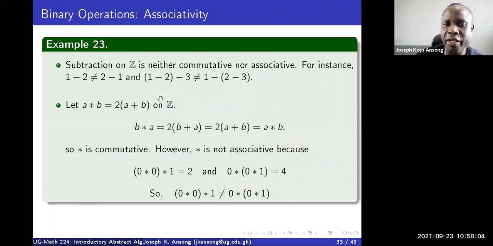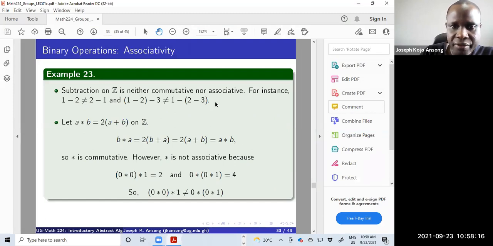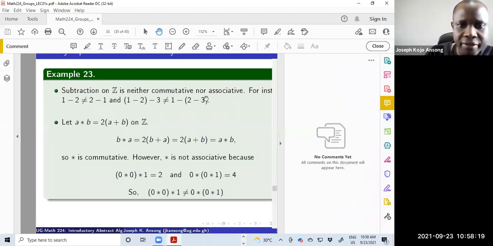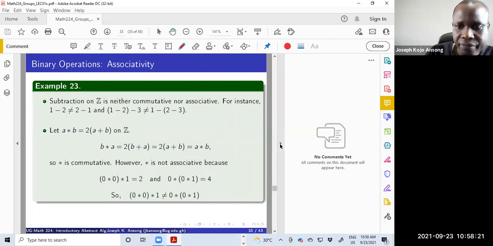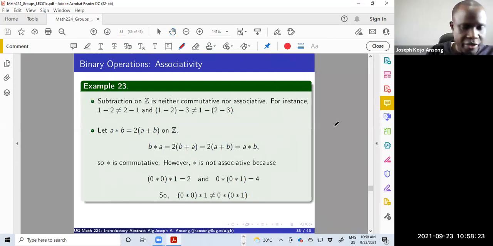It is not associative either. If I take 1, 2, 3, and I take 1 minus 2 minus 3, and I do this first, okay, I'll probably just use the comment here to write this out. So here, if I do 1 minus 2, I get -1. -1 minus 3 gives you -4, right?